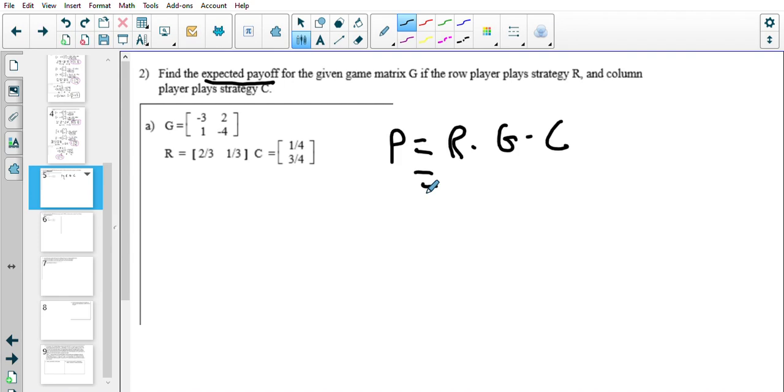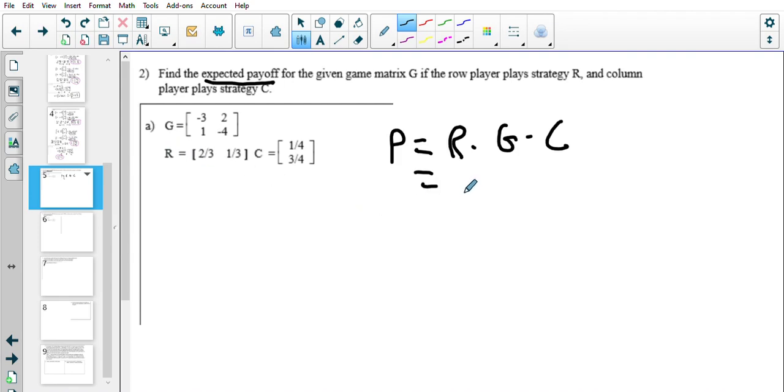So I'll put our row into matrix A, and that is 2/3, 1/3. Then I'll put in our game into matrix B, and that looks like the same matrix we just had in number 1 part D, which is -3, 2, 1, -4. And then I'll put in our column matrix for C, which looks like a strategy of 1/4 and 3/4.